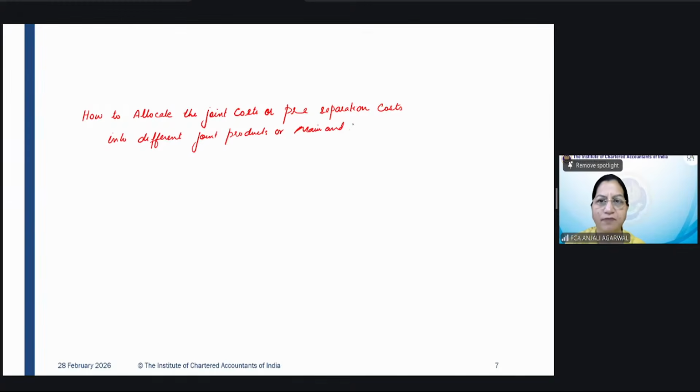There is a different way that we treat the byproduct scenario. Today our focus will be on joint products. There are different methods. Number one is the physical measurement method.